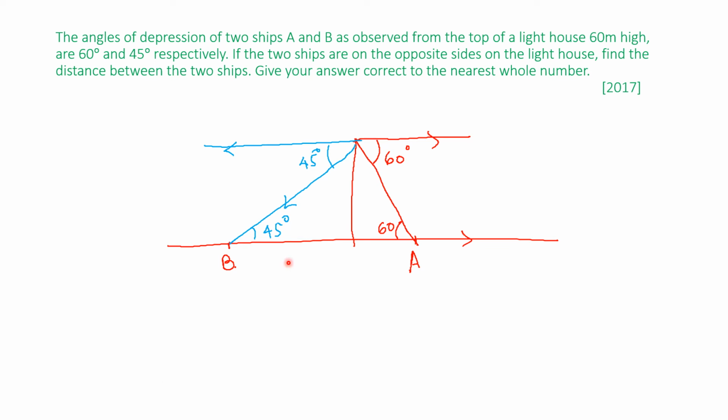This is your lighthouse. This is one ship. This is the other ship. A is at an angle of 60 degrees, and B is at an angle of 45 degrees. Let's come to the correct neat figure.